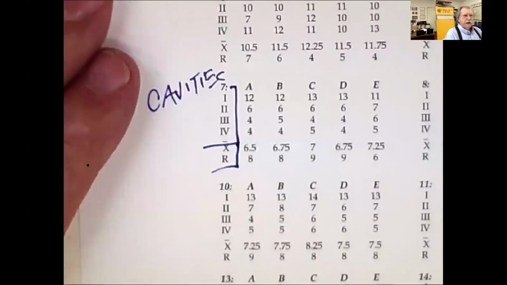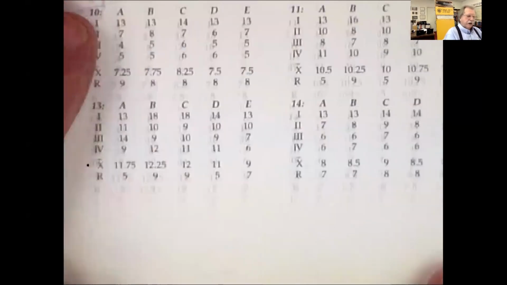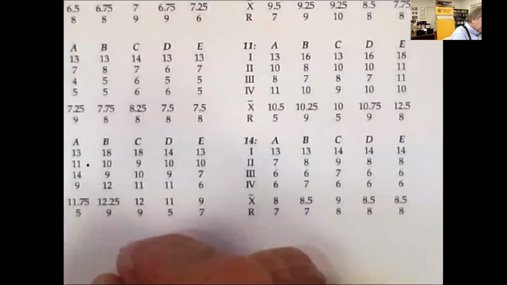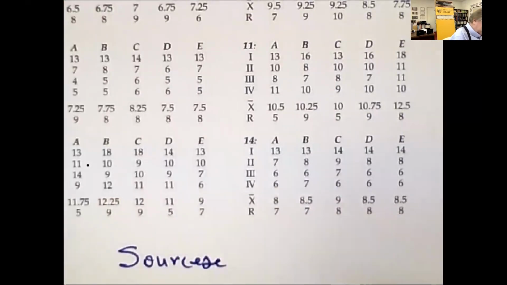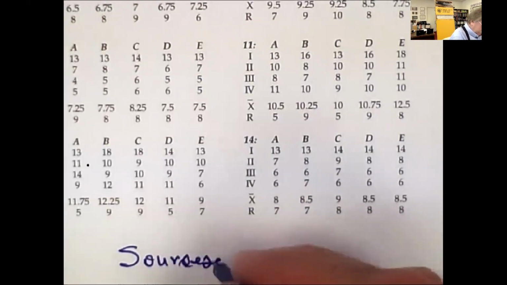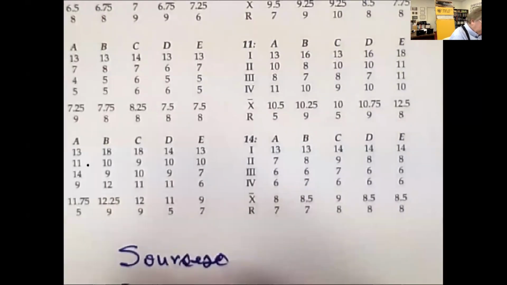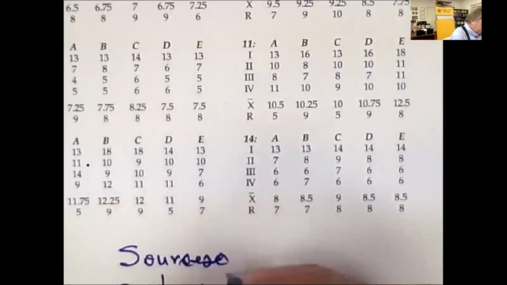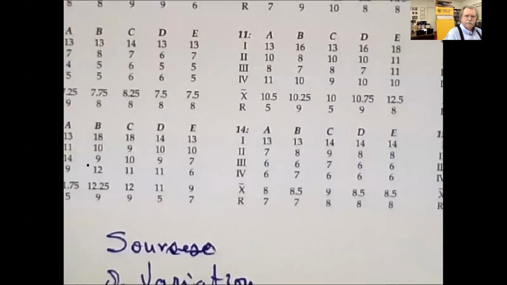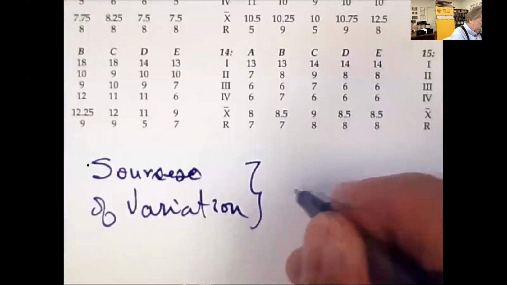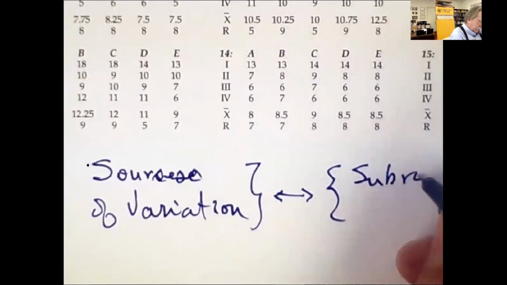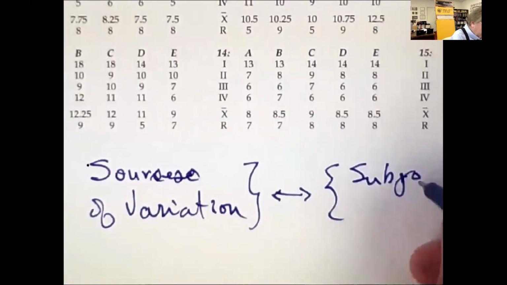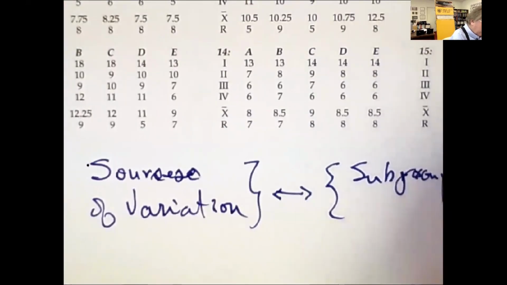Now, to understand any organization, you have to understand the relationship between the sources of variation and the subgrouping used.